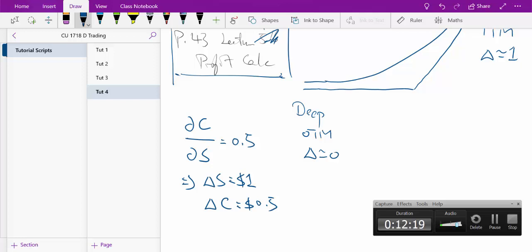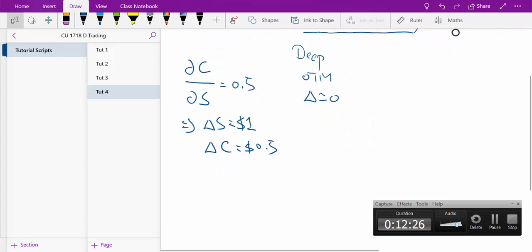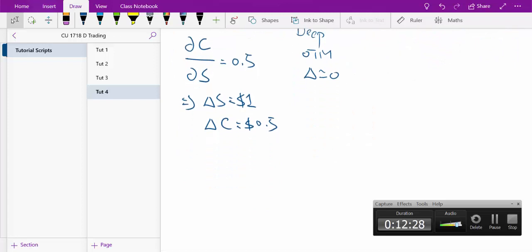Now, please remember the delta. When I mention this, I run the risk of confusing you, but I think I need to mention it.